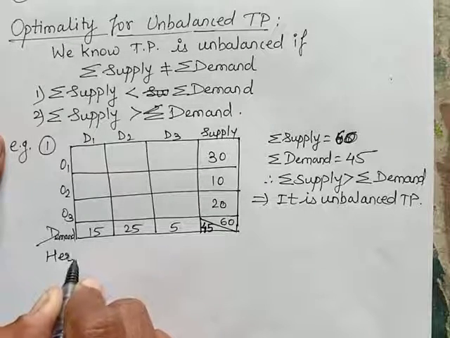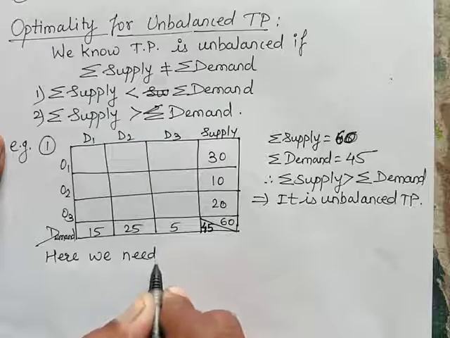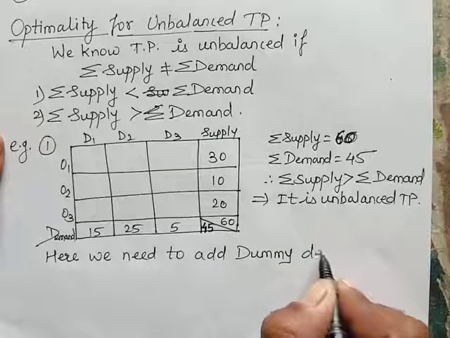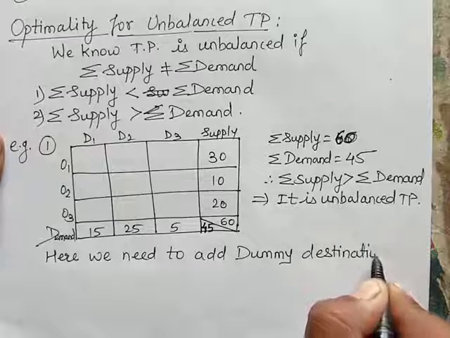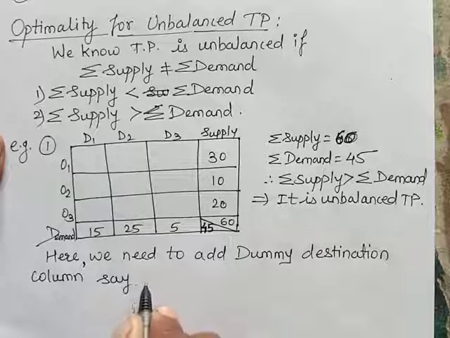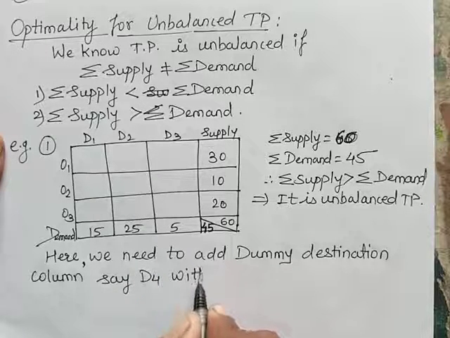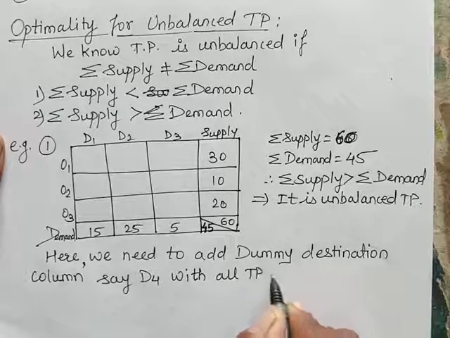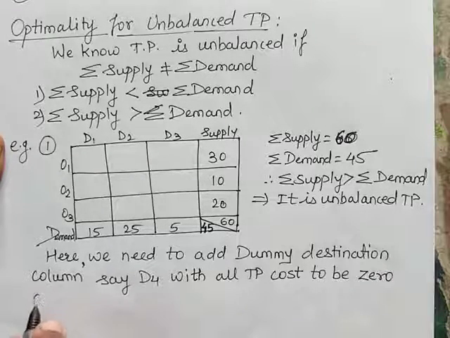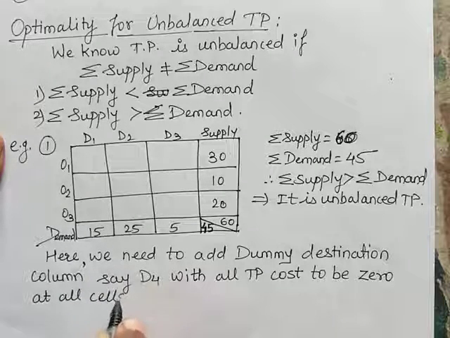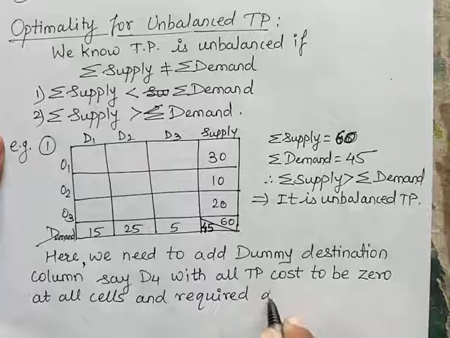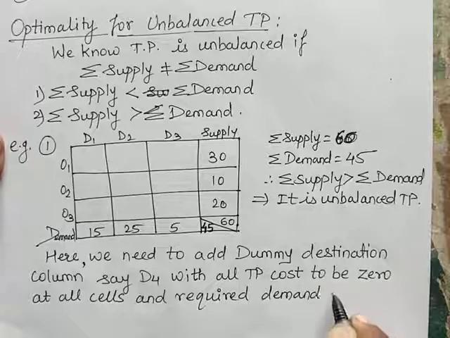So here we need to add a dummy destination column, say D4, with all TP cost to be 0 at all cells and the required demand value.